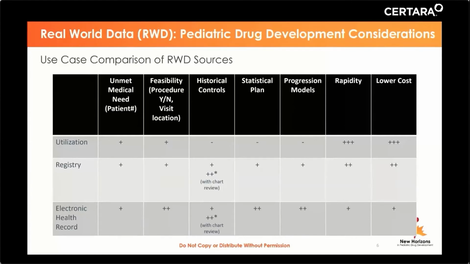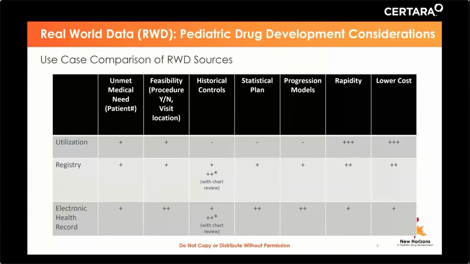And another important point, when you get consulted on this, generally there's a question about how much these initiatives or these searches cost, and then how rapidly they're done. Generally, utilization data sets tend to be much more rapid because they're less complicated.